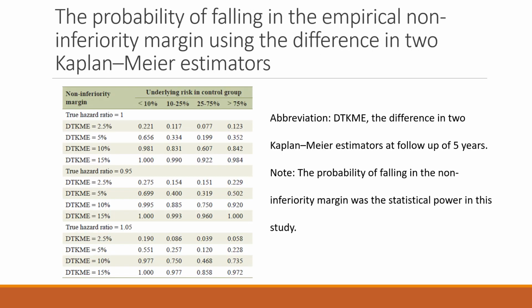When we use the empirical non-inferiority margins, the probability of concluding non-inferiority would decrease as the underlying risk in the control increased. In such case, the probability of concluding non-inferiority was at a minimum when the control risk reached about 50%, and then increased as the control risk increased.